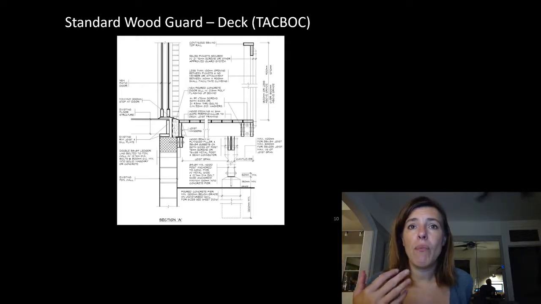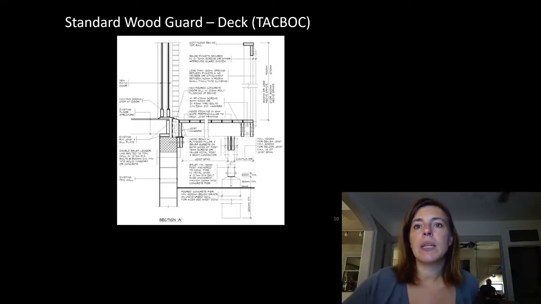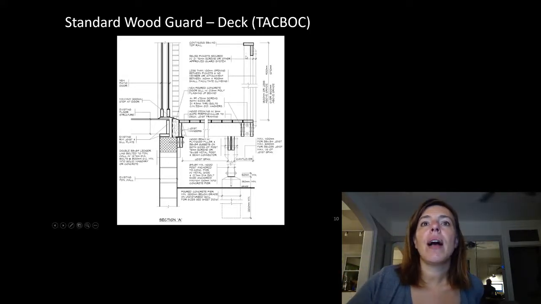They're quite robust, and it's often what you're used to seeing in residential housing. So you can see here, this particular outdoor deck guard has a 4x4 post, or an 89 by 89 post, with pickets at some spacing along it.